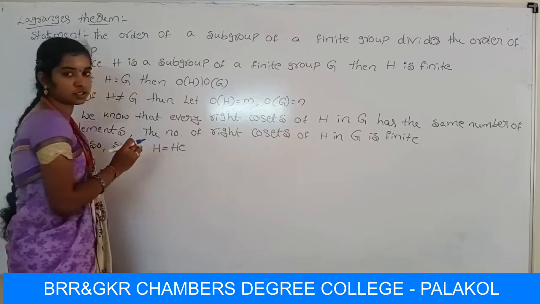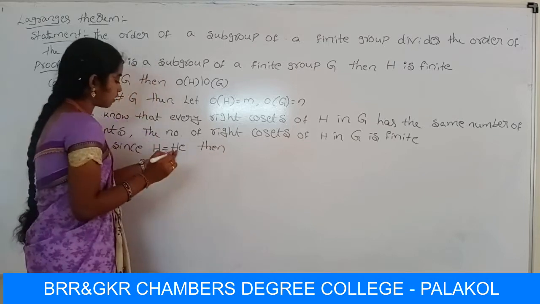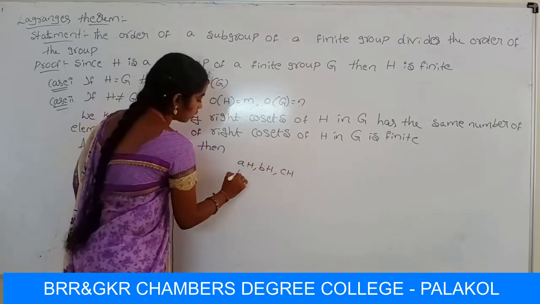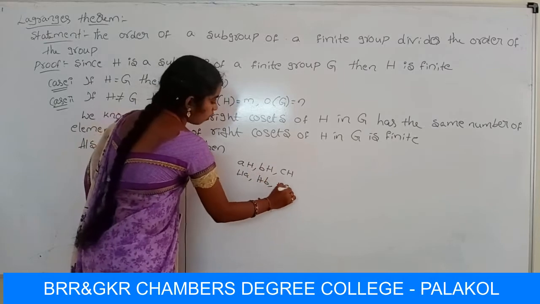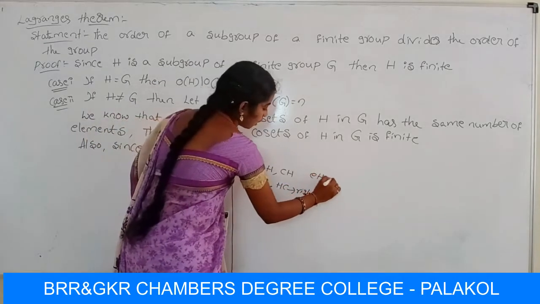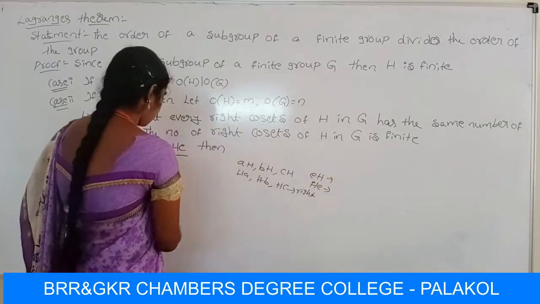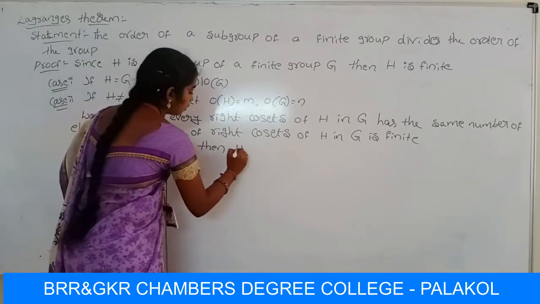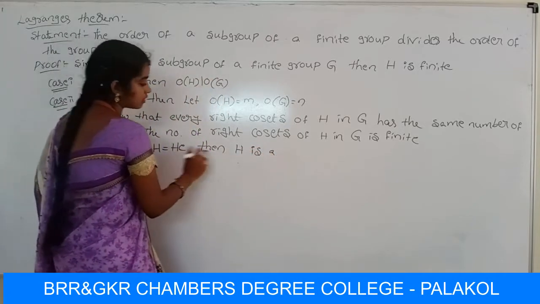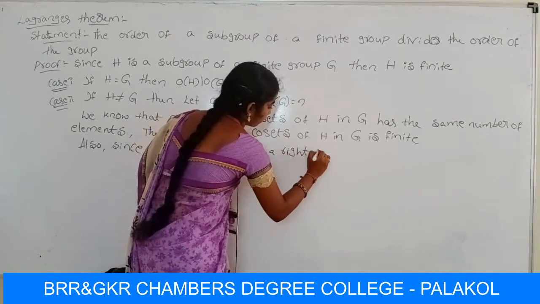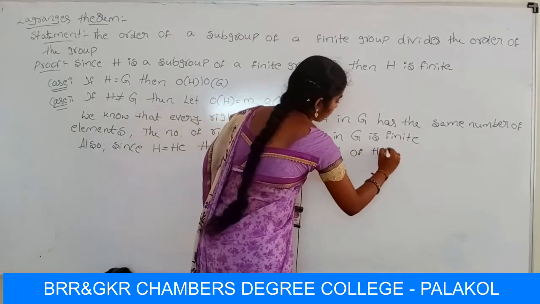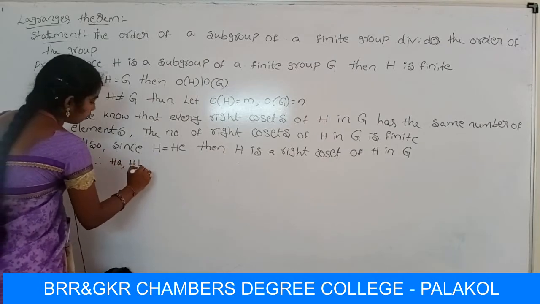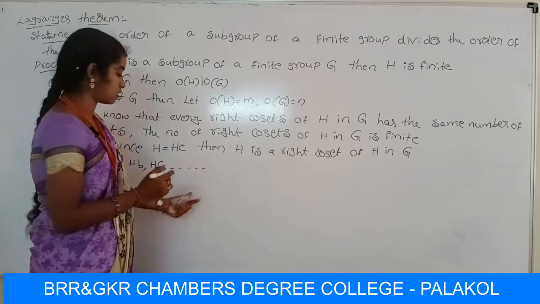So H times e is H. Then H is a right coset of H in G. So aH, bH, cH are left cosets, and Ha, Hb, Hc are right cosets. eH is a left coset, He is a right coset. Since H equals He, H is a right coset of H in G. Therefore Ha, Hb, Hc and so on are right cosets.